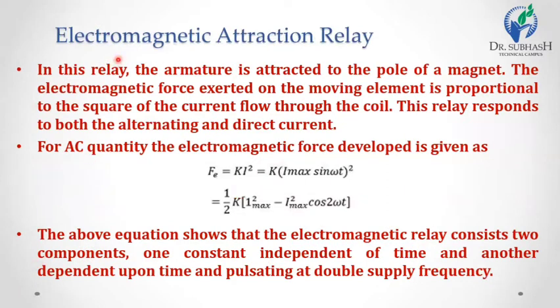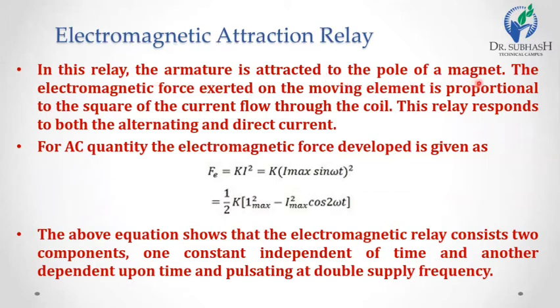Now what is an attraction type relay? Where the attraction is defined by Fe, the electromagnetic force. It has an armature which is attracted to the pole of a magnet.